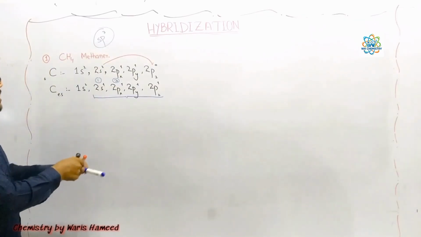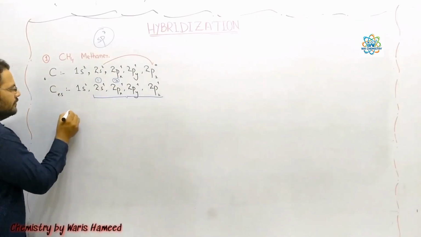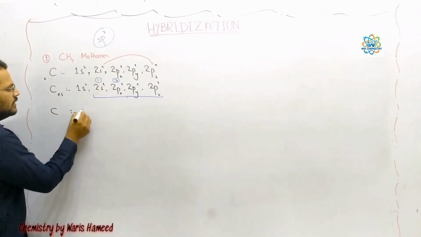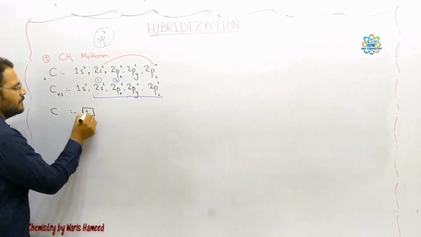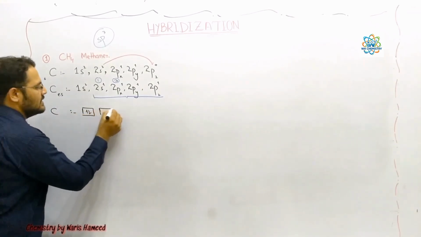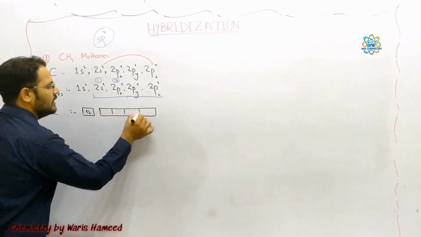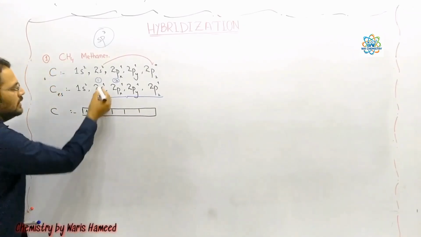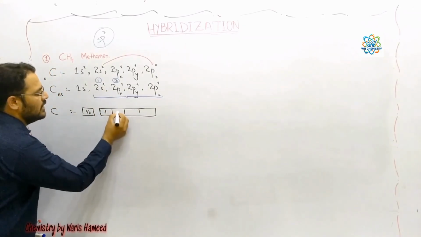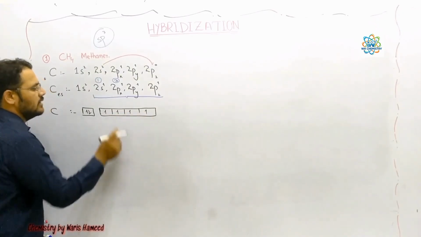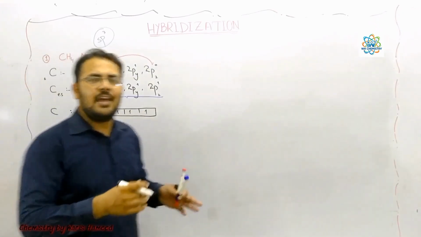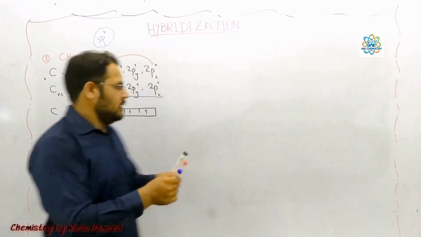Now draw them in block form. It is 1s and these are hybrid orbitals: first, second, third and fourth. Each has 1 electron. These are all sp3 hybrid orbitals.